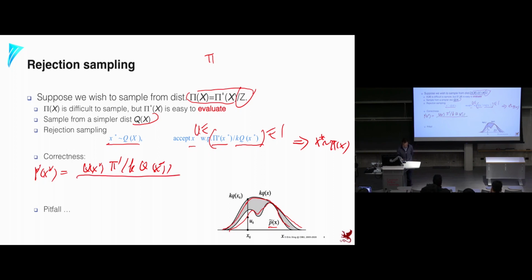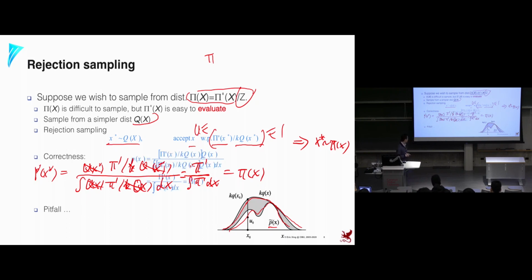I need to divide them by the normalized part. And this part cancels, this part cancels. And then at the end, we need to have a K. K also cancels out. Then you have a K prime, which is exactly the target. So it's very, very easy to prove the correctness of that.